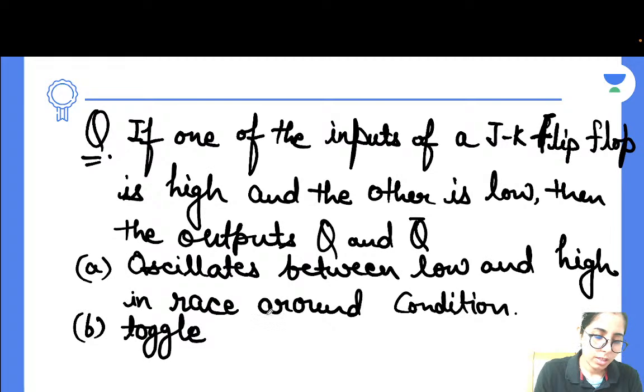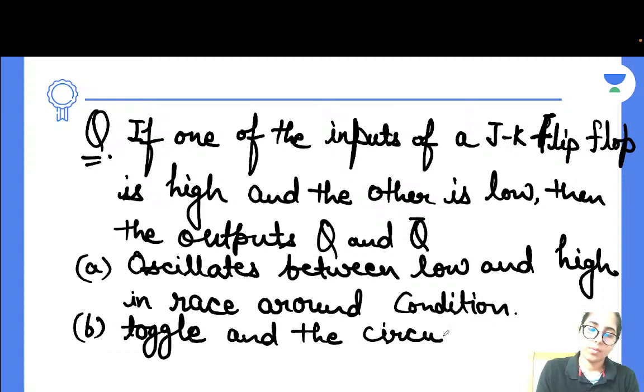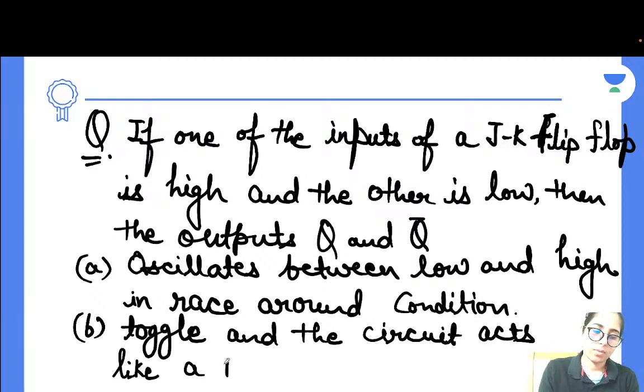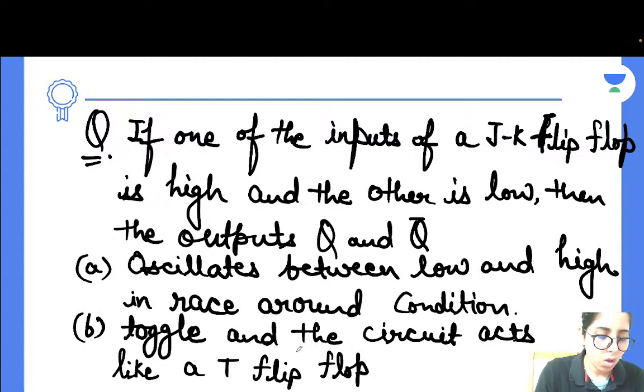Option B: toggle, and the circuit acts like a T flip-flop. Option C: are opposite to the inputs.